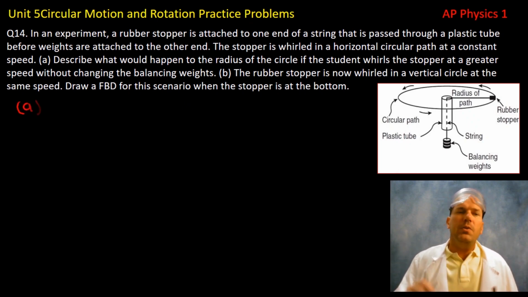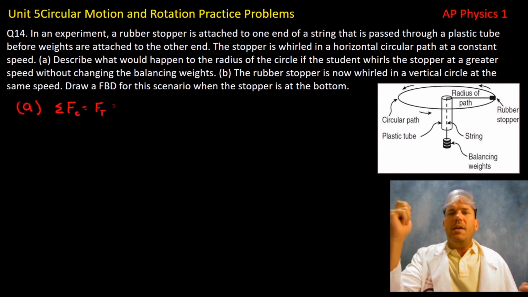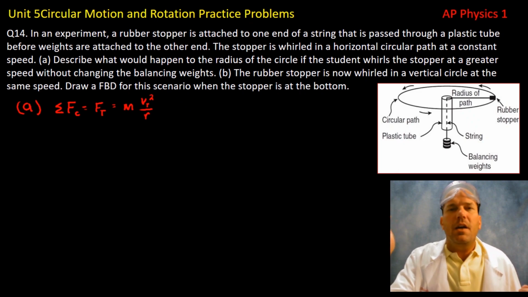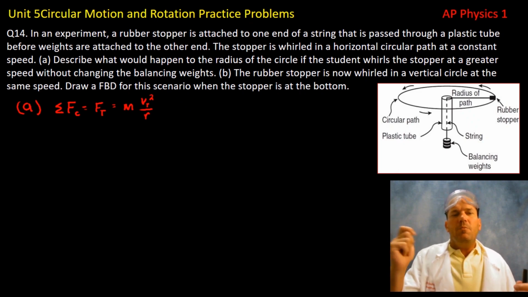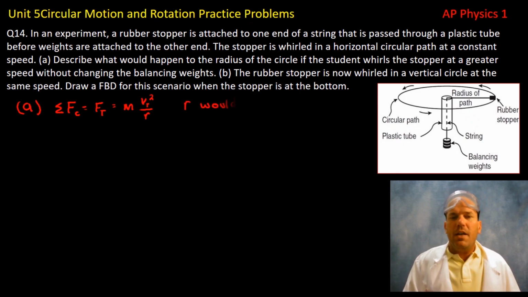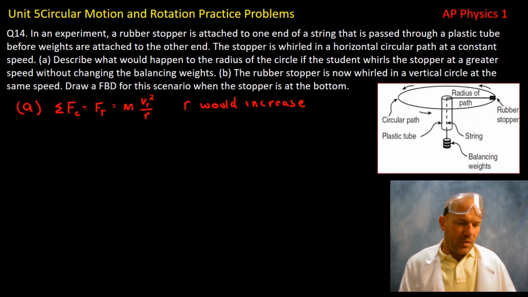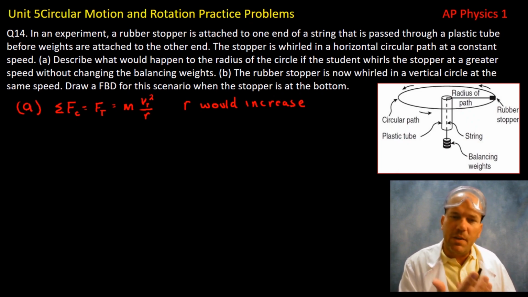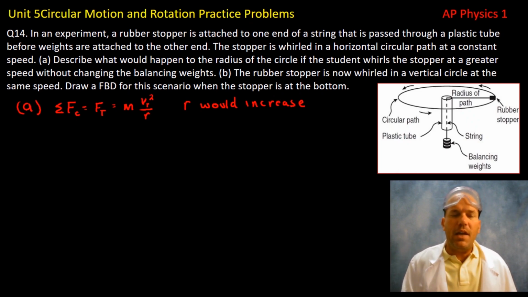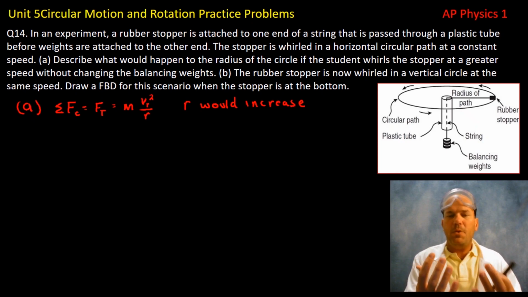If you were to begin to whirl at a greater tangential speed, what's going to happen is your radius is going to increase. And as always, we can look at this from a mathematical reasoning or a semi-quantitative perspective.